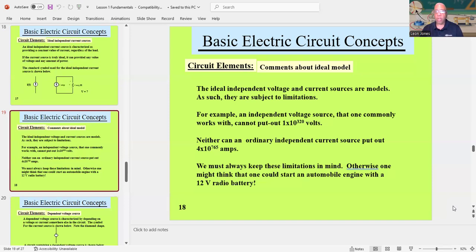Neither can an ordinary independent current source put out 4 times 10 to the 765 amps. So we must always keep these limitations in mind. Otherwise, one might think that one can start an automobile engine with a 12-volt radio battery.